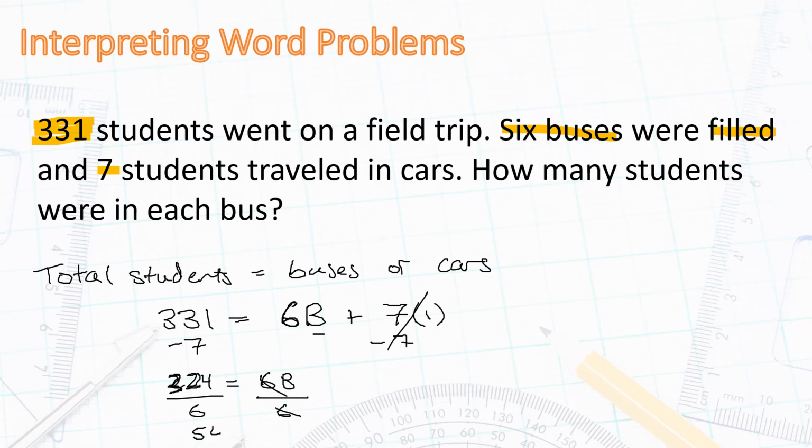So 54 is equal to B. So each bus held 54 students.